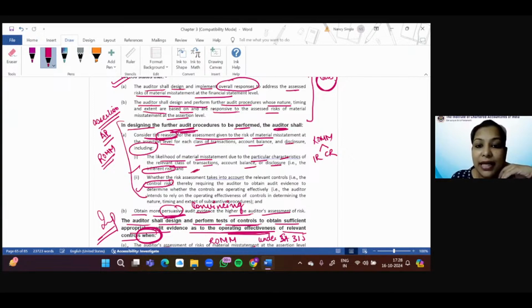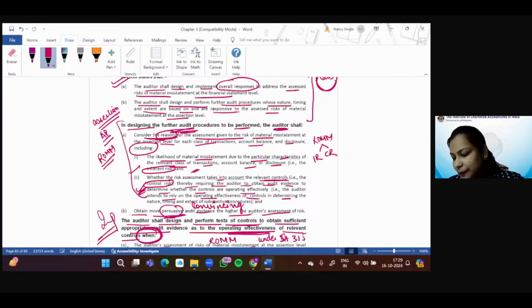So this is what inherent risk is. Whether the risk assessment takes into account the relevant controls, that is what control risk is, thereby requiring the auditor to obtain audit evidence to determine whether the controls are operating effectively. That is, the auditor intends to rely on the operating effectiveness of controls in determining the nature, timing and extent of the substantive procedures. So is it clear?